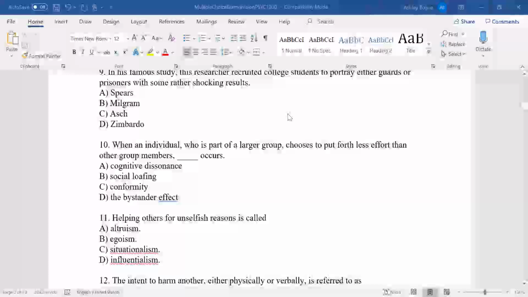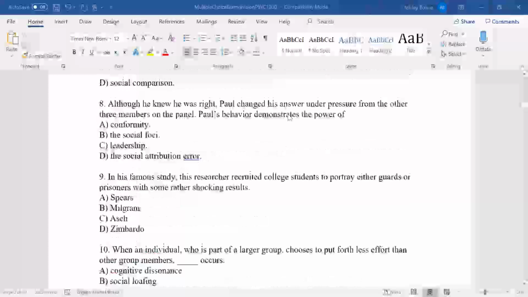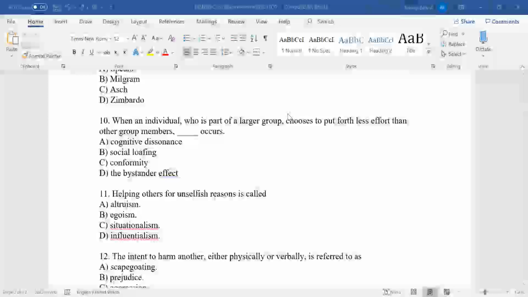The participant was told, if you ask the person on the opposite wall a question and they get it wrong, you have to give them a shock. And for each additional wrong answer, you're going to increase the shock.